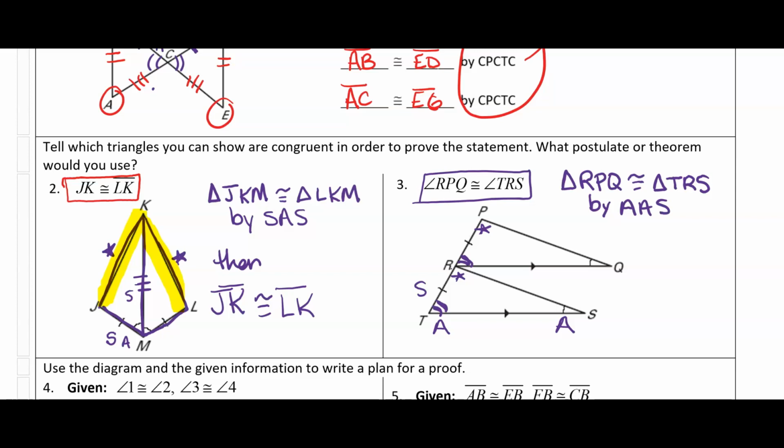Since I know that, now I know that RPQ is congruent to TRS because of CPCTC. So I'm going to say then angle RPQ is congruent to angle TRS.